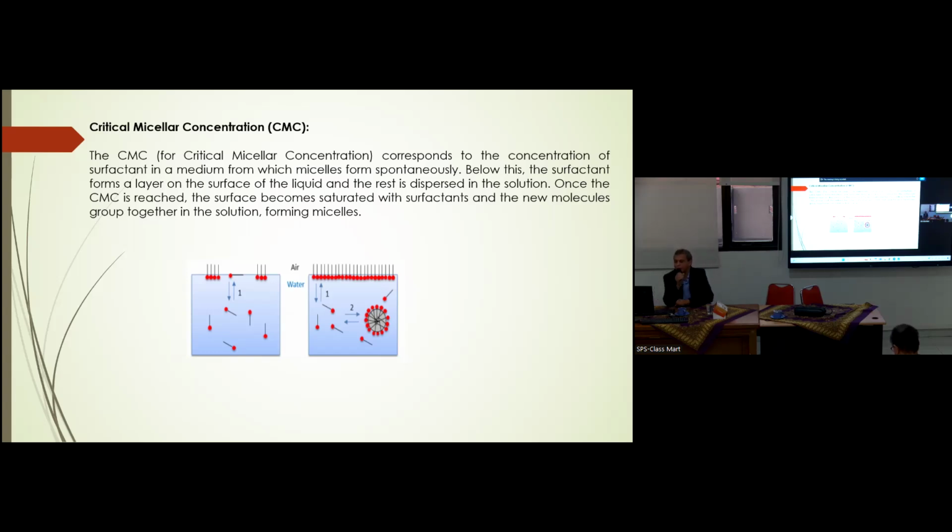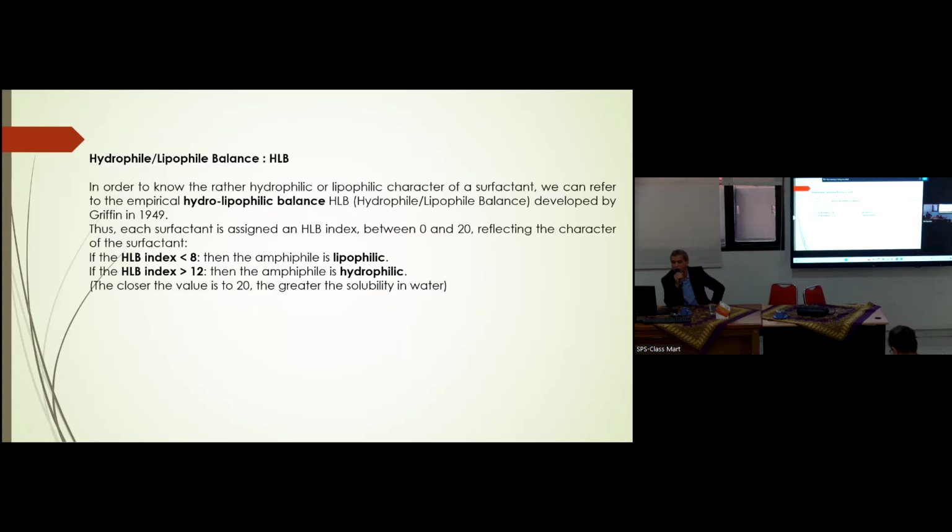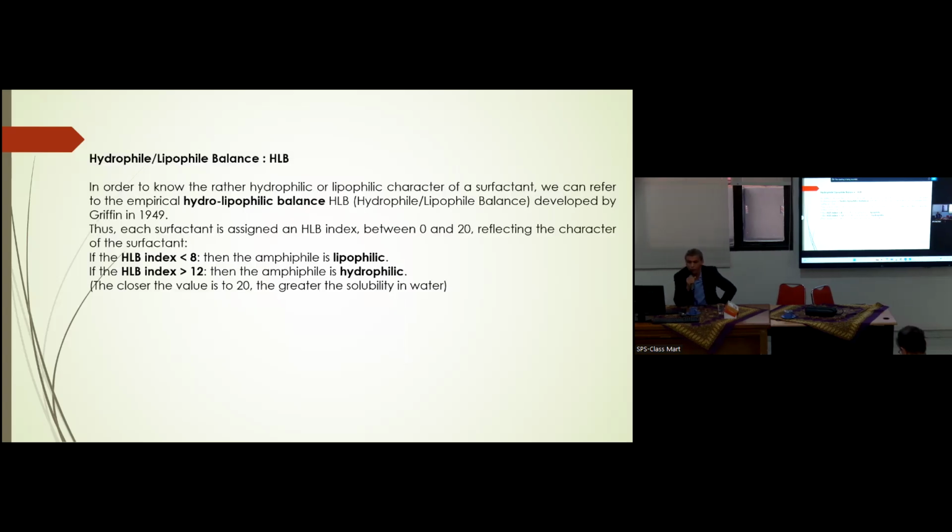This is the first characteristic. The second one is what we call HLB, hydrophile-lipophile balance, because we have two parts, the hydrophilic part and the hydrophobic part, and we have to see which is dominant. Is it hydrophobic, lipophilic, or hydrophilic?